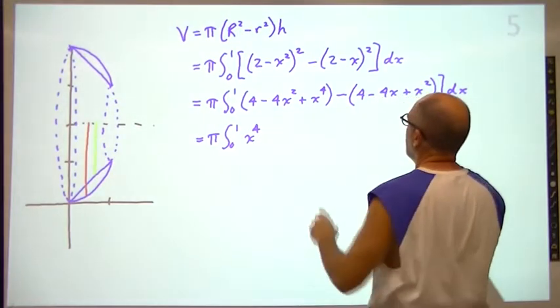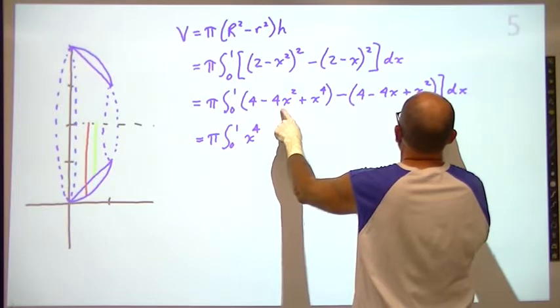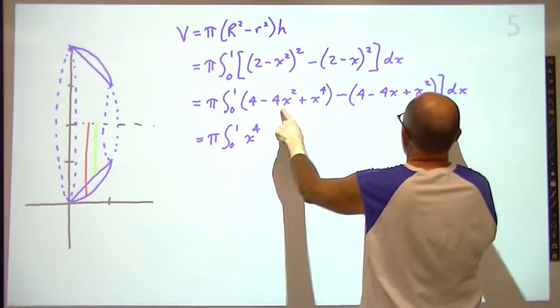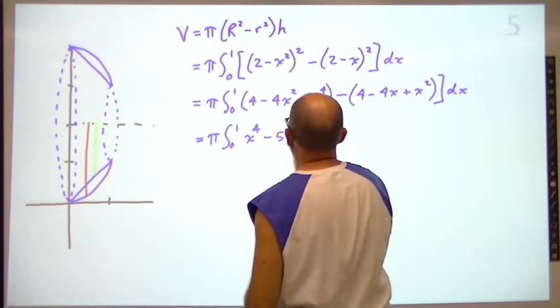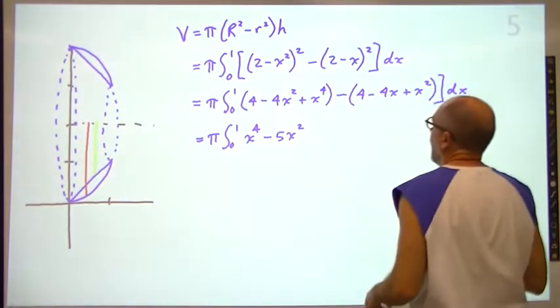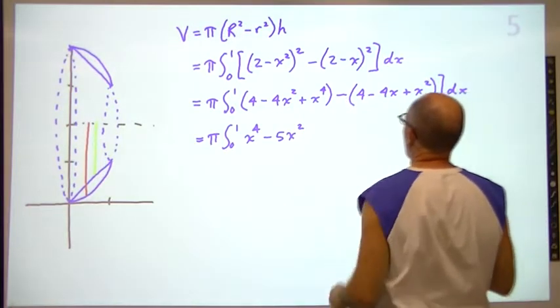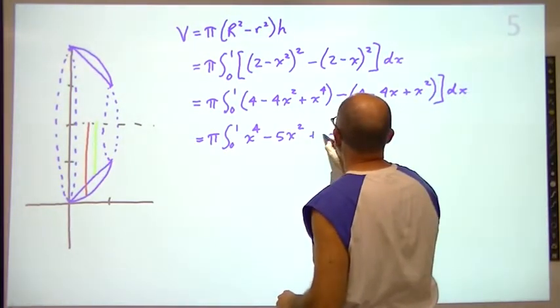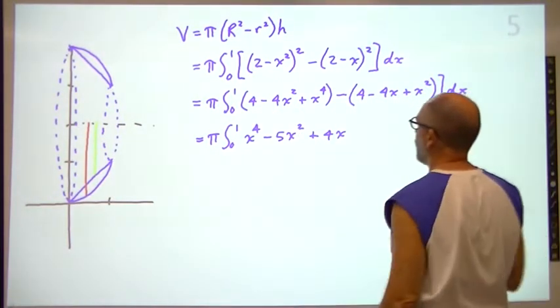Then no x cubed, the x squared is negative 4 minus 1, which is going to be a minus 5x squared. And then the x's are going to be minus a minus 4, which is going to be plus 4x. And like I said, the numbers are 4 minus 4, which is 0.